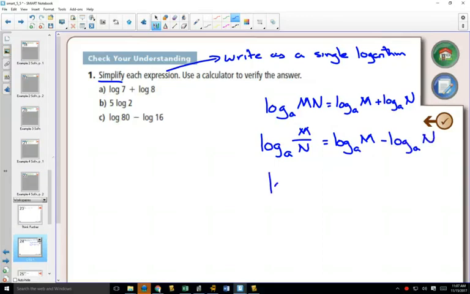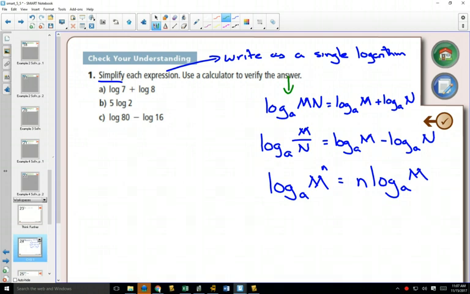And if you have a power inside of a logarithm, you can multiply by the exponent. So those are our three log laws. And when we simplify, we want to write it as the left side here.